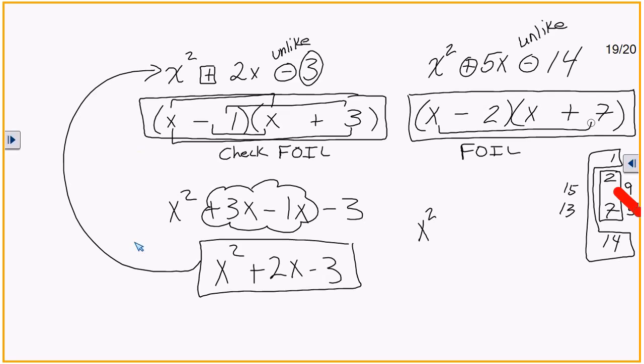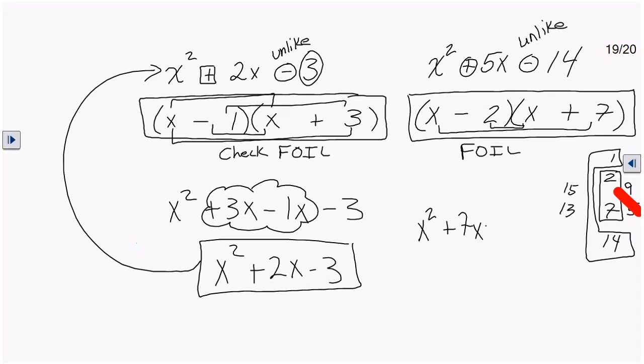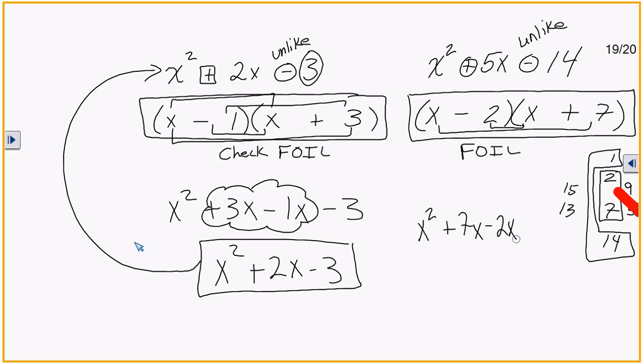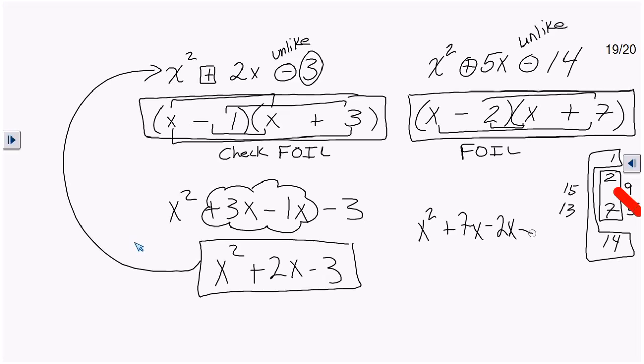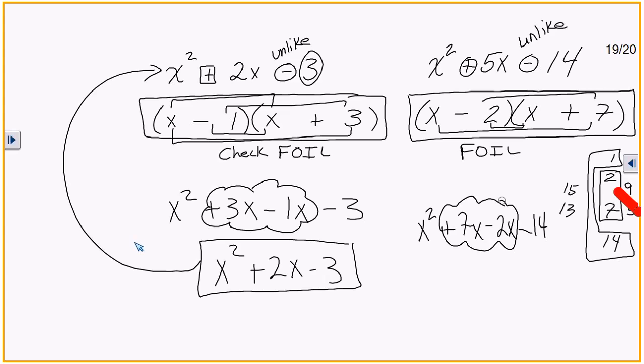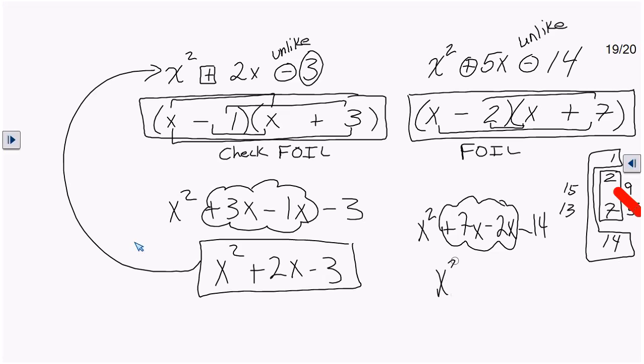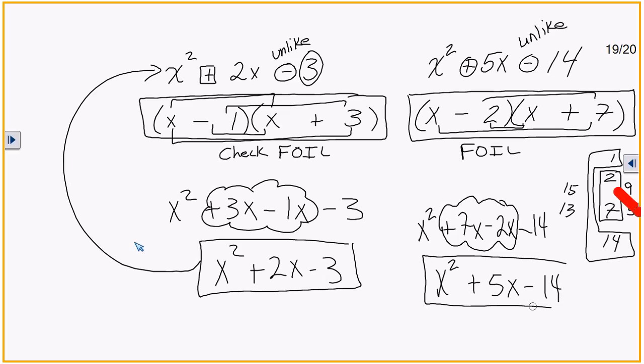Outside is 7x. Inside is negative 2x. Last is negative 14. This combines. x squared, 7x minus 2x, that's 5x, minus 14. And that should be what you started with.